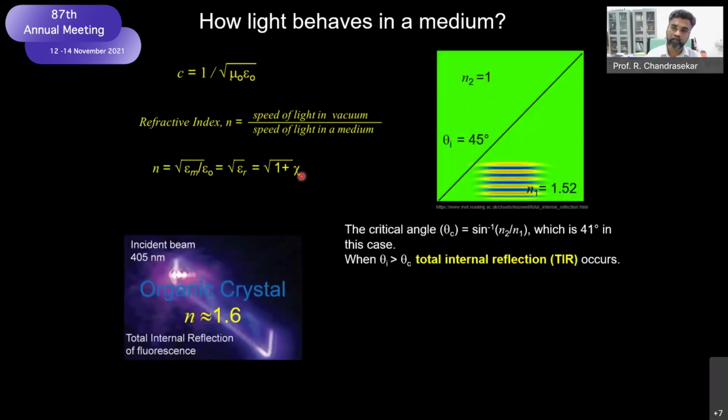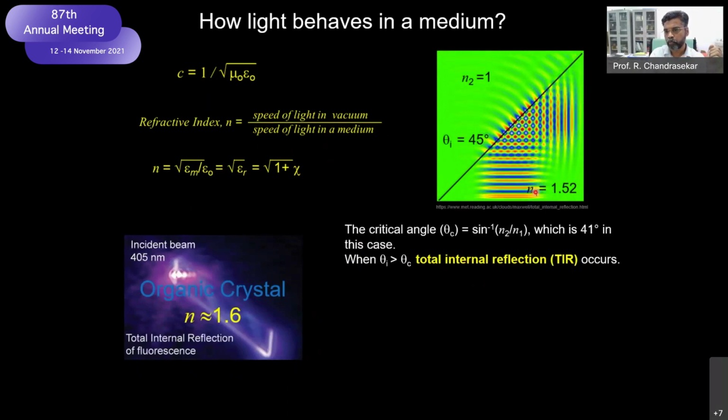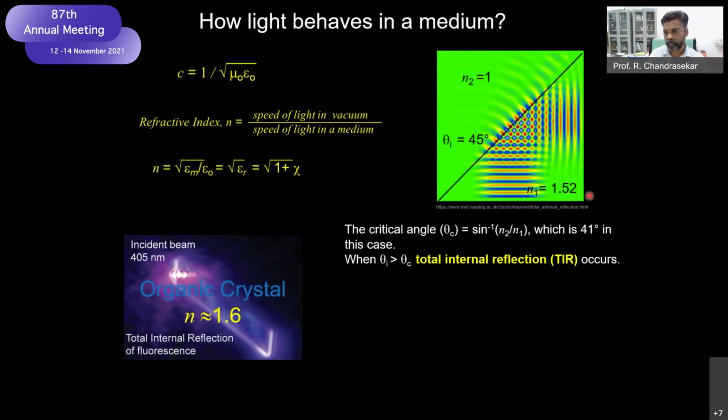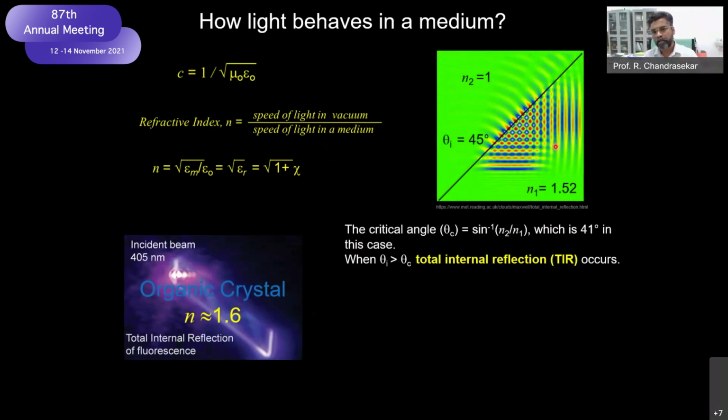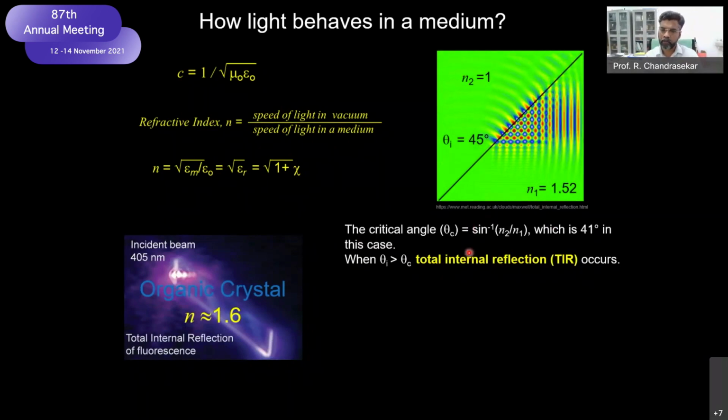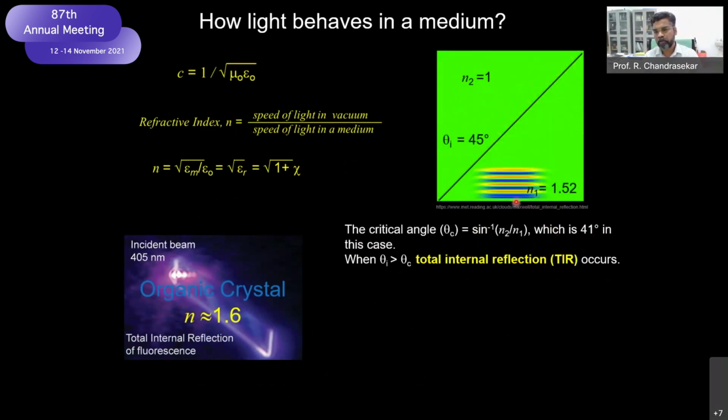Here, two different media are given: n2 equal to 1, which is air, and n1 equal to 1.4, which you can consider a kind of organic medium. According to Snell's law, the refractive index gives a critical angle, which is 41 degrees. When we launch light at an angle greater than the critical angle, total internal reflection occurs.